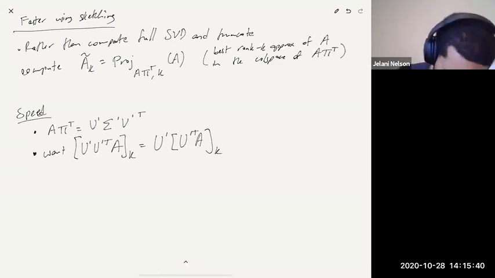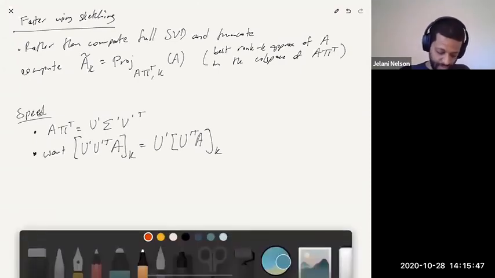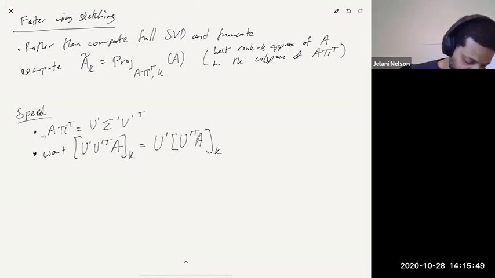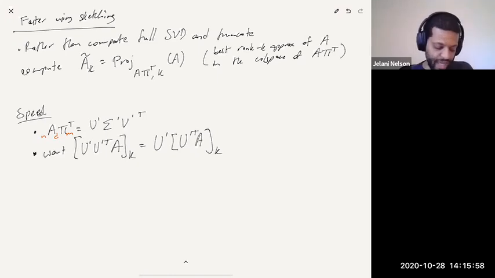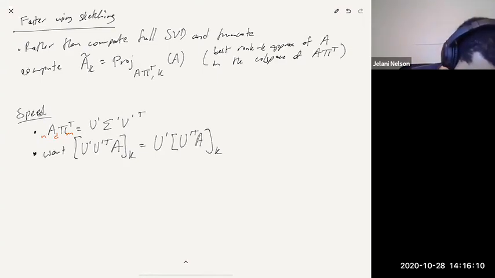And I can compute. Let's keep track of dimensions of all these things. So A is an n by d matrix, and then pi is mapping down to some dimension m. Which means that the rank of A pi transpose is at most m, which means that this sigma prime here has dimension at most m.